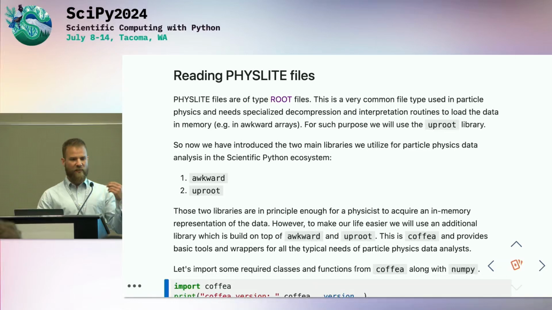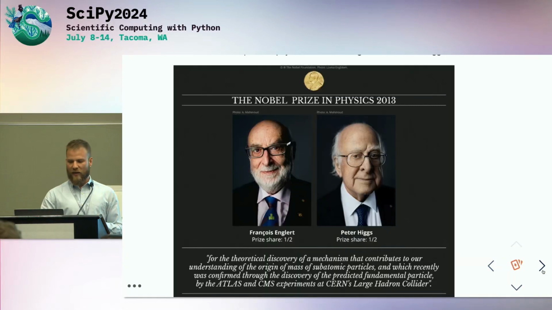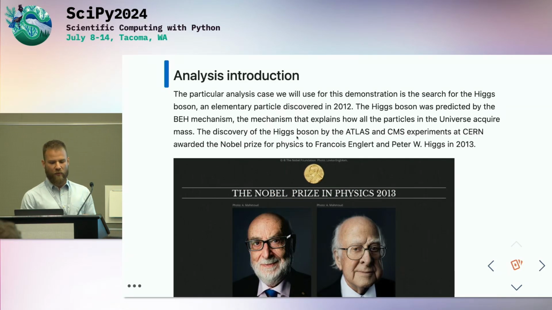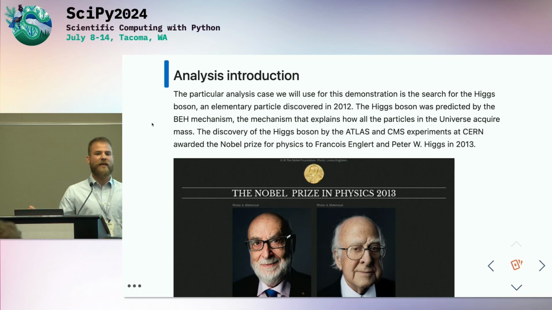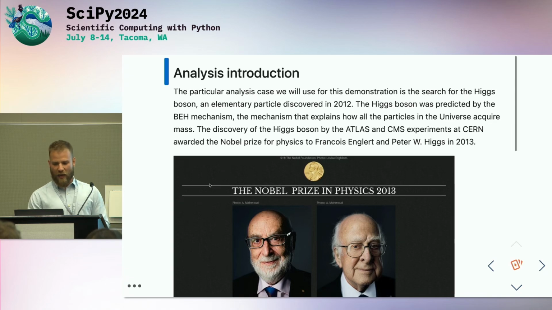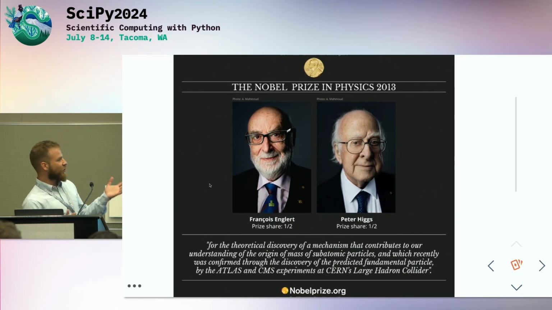And just before I dive in and open one of these files, I'll give you an example of what physics data will have inside. Today we're going to look at the case of the famous Higgs boson and demonstrate the search for the Higgs boson. That's a new particle that was discovered in 2012. So yeah, it got a Nobel Prize.